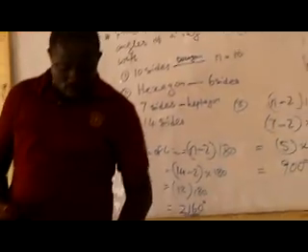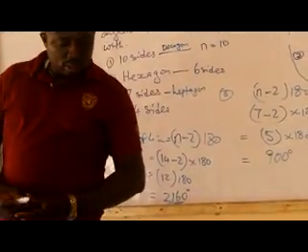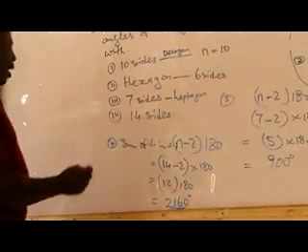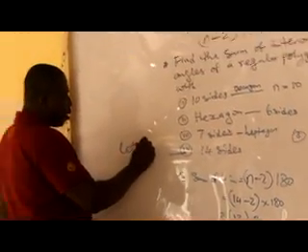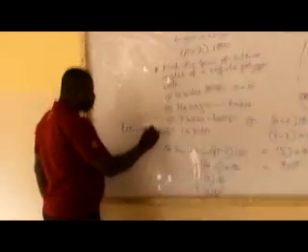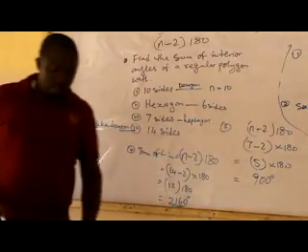And the other day I told you a polygon with 14 sides is called a tetradecagon. That's the name of this one.